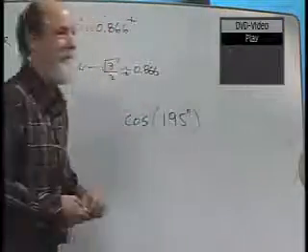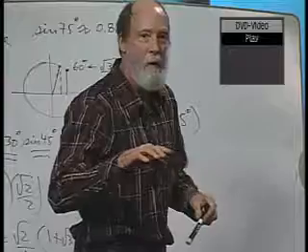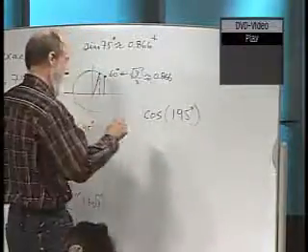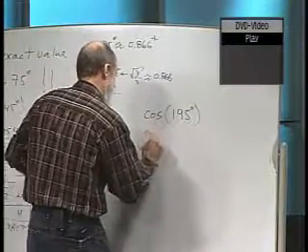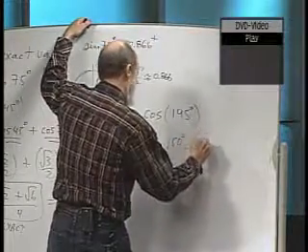Any idea? 150 and 45. 150 and 45, okay? So we can think of the cosine of 150 degrees plus 45 degrees.